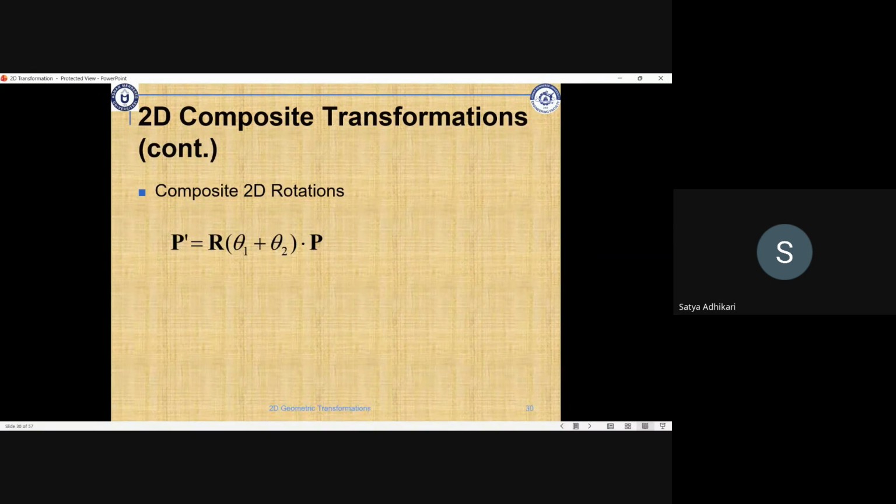Similarly, for composite rotation, P dash equals R of theta 1 plus theta 2. Suppose you want to rotate an object first 45 degrees, then 30 degrees. You have to rotate it by 45 plus 30, 75 degrees.